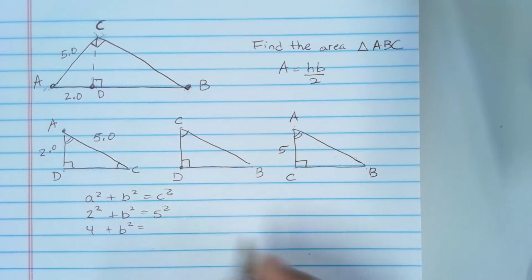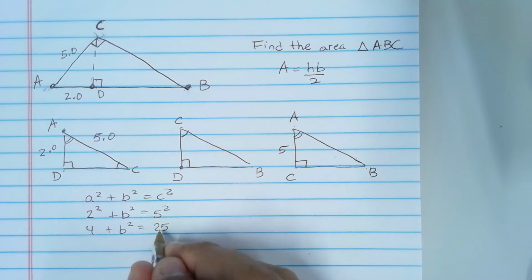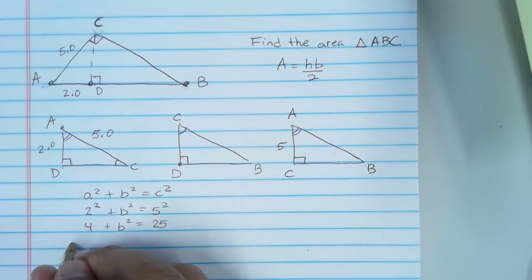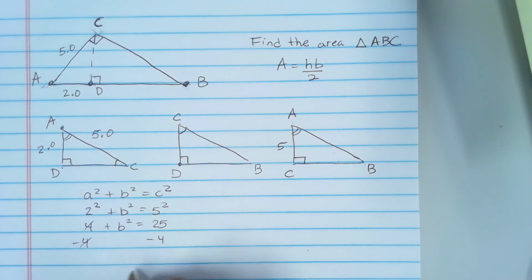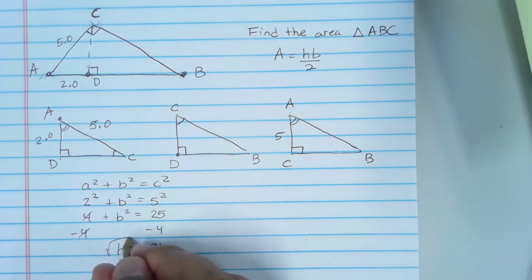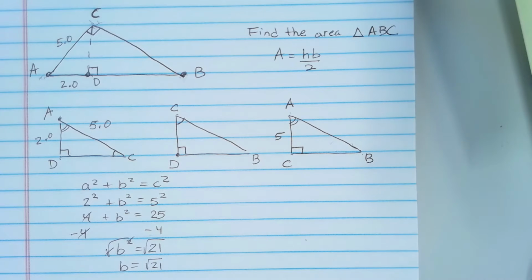What's 5 squared? 25. All right. What do we do next? Subtract 4 from both sides. This will cancel out. B squared is equal to? What do we do next? Take the square root of both sides. That cancels out. Let's leave it as this right here, guys. B is square root of 21.